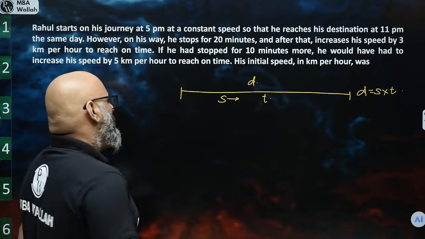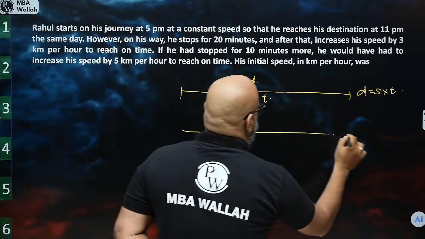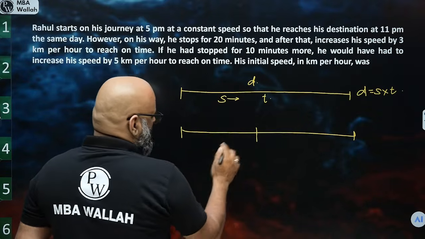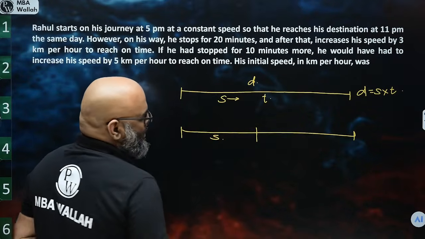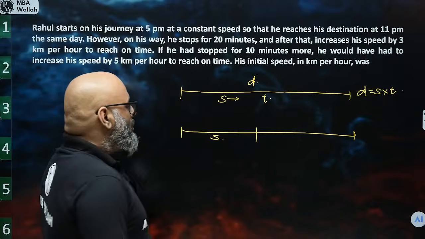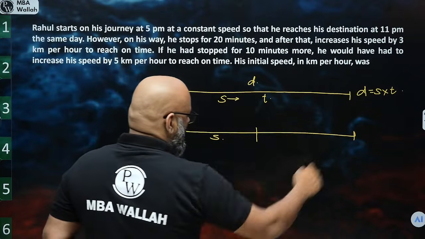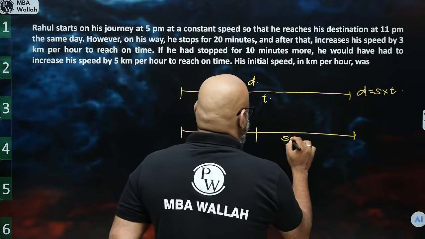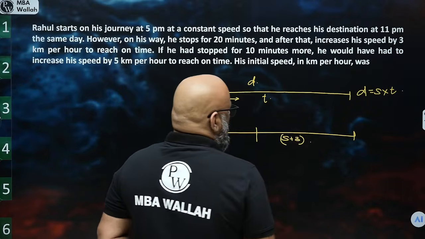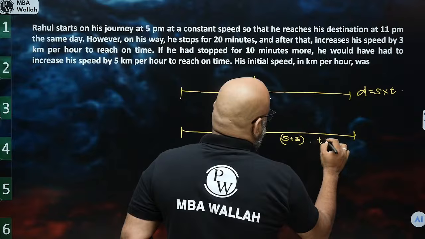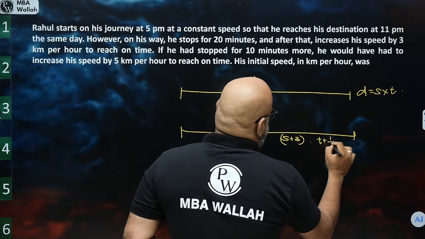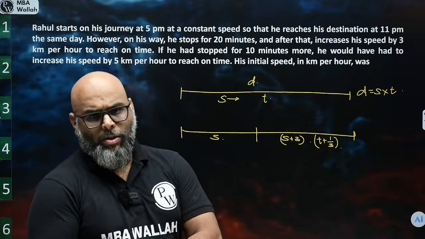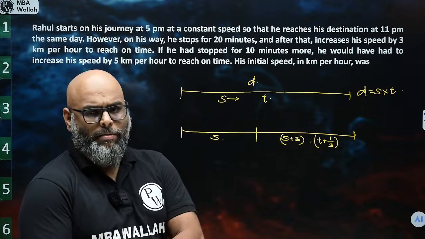But on a particular day, after a certain distance covered at s, the remaining distance was covered at s plus 3 kilometers per hour. As a result, it took t plus 1 by 3 hours. I'm converting minutes to hours: 20 minutes, I'm writing it as hours.